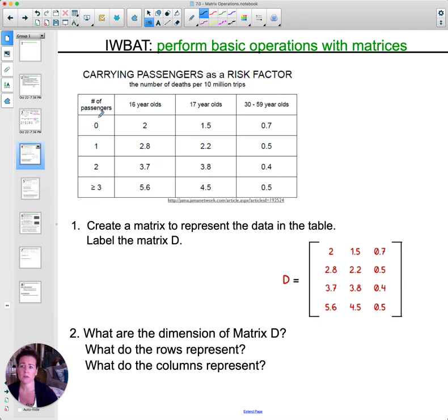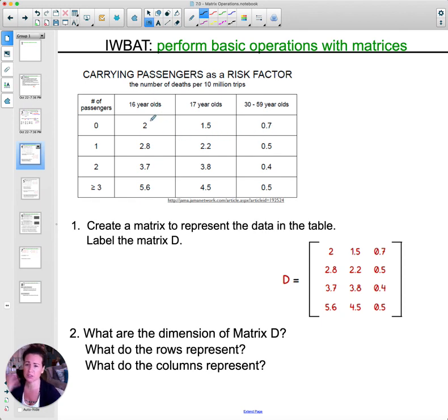So with 0 passengers, 16-year-olds have a risk factor of 2 deaths per 10 million trips, versus 17-year-olds have 1.5 deaths per 10 million trips, and 30 to 59-year-olds, that whole age group, is 0.7 deaths per 10 million trips.